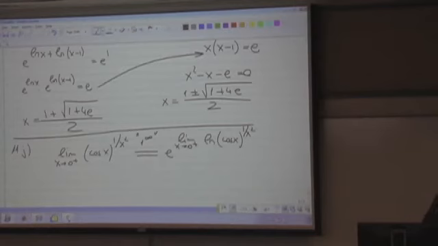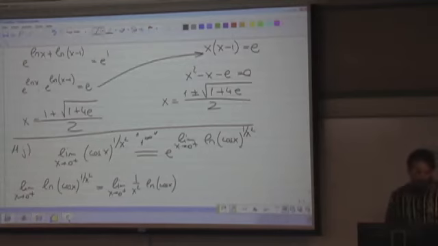So we take separately the limit as x goes to 0 plus of the natural logarithm of cosine of x to the 1 over x squared, which equals the limit as x goes to 0 plus of 1 over x squared times the ln of cosine of x. Right?